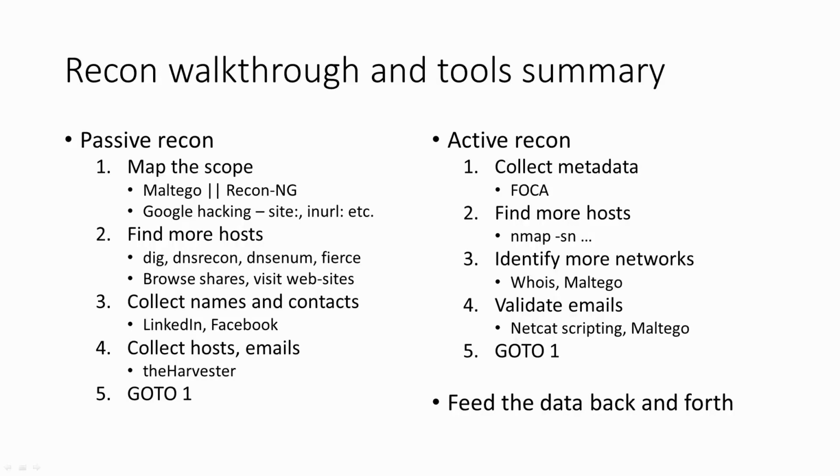But returning to the passive reconnaissance walkthrough, we will do some social media searching. We'll see who the employees are and how they are interconnected. We'll probably create an Excel spreadsheet that contains all this information, and we will try to automate that as well. There is a little script called theHarvester.